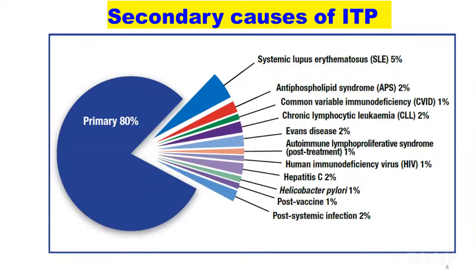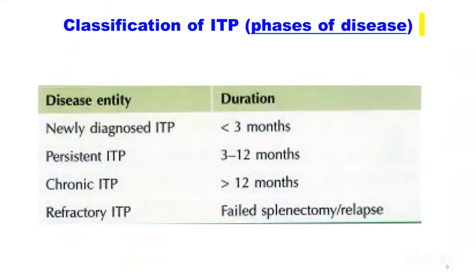If you see the number of cases of primary and secondary, you'll find that more than 80% of cases are primary, and 20% are secondary, where it could be collagen vascular disease, infections, even Helicobacter pylori infections, HIV, hepatitis C. All these are included in the 20% of secondary.